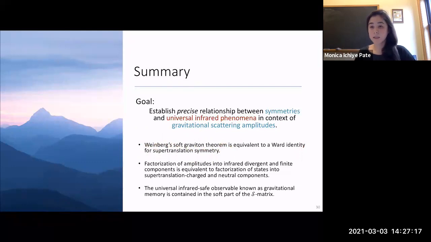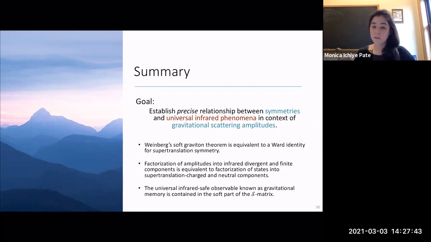And this has suggested that perhaps more generally, the universal structure of infrared singularities in scattering amplitudes might be related to symmetry. And so in the second part, we saw how the factorization of amplitudes into infrared-divergent and finite components is in fact equivalent to the factorization of states into supertranslation charged and neutral components.